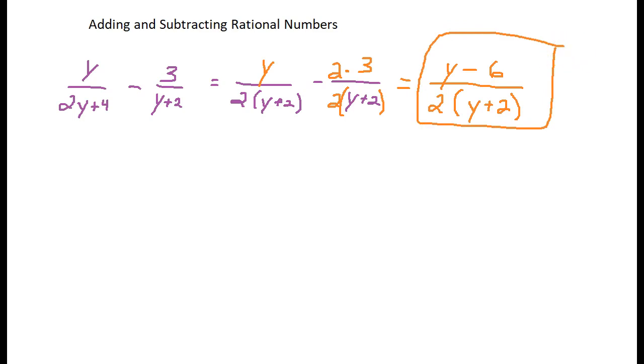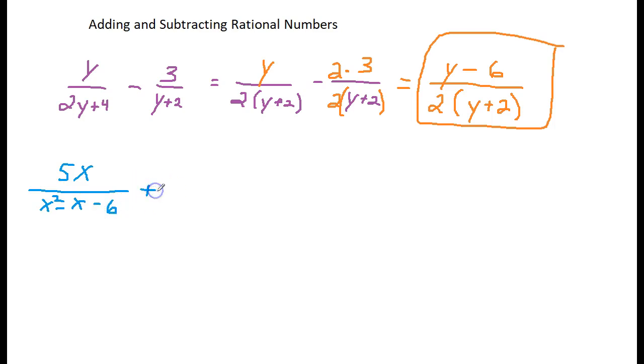Now we're going to do one more. All right, I'm going to do an addition problem. So 5x over x squared minus x minus 6.